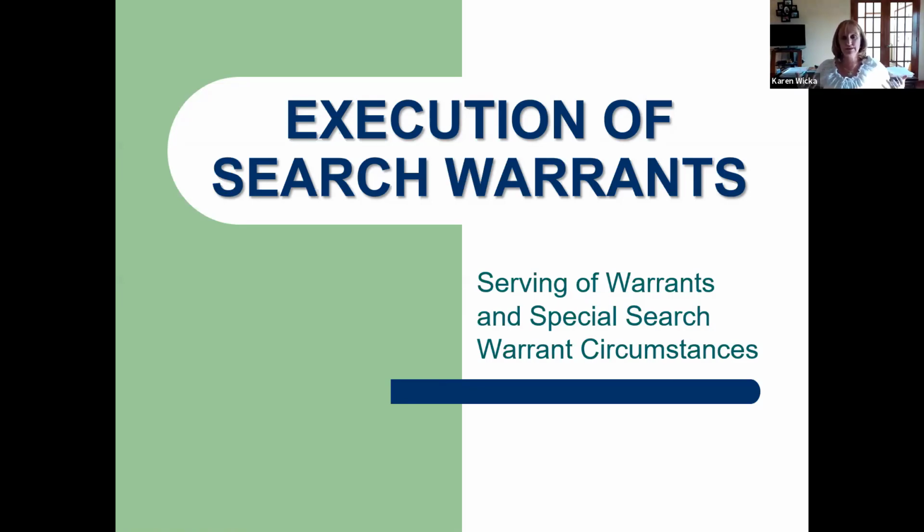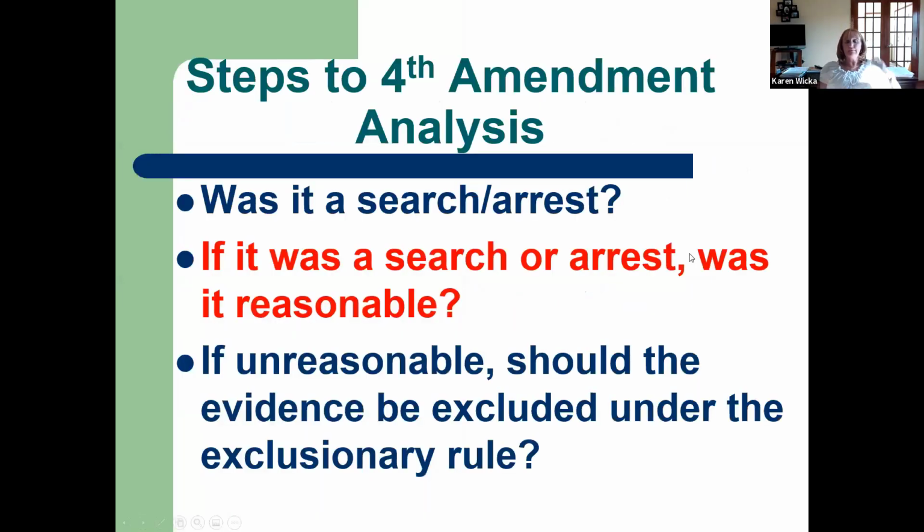Okay, so when I say execution of the warrant, that's what I mean, serving the warrant and conducting the search. So just like we said in the last class, to get to the Fourth Amendment, we first have to determine if the area is protected, either expressly or under the expectation of privacy test. Once we get past that, then we actually start the Fourth Amendment analysis.